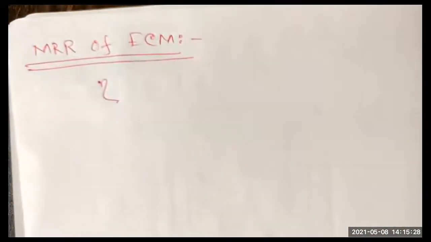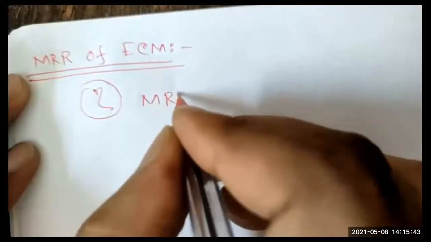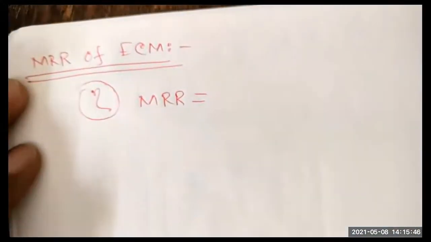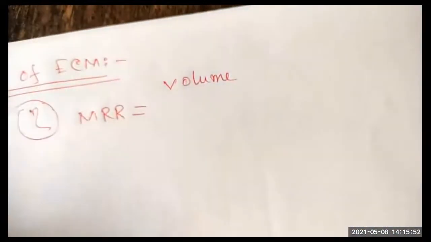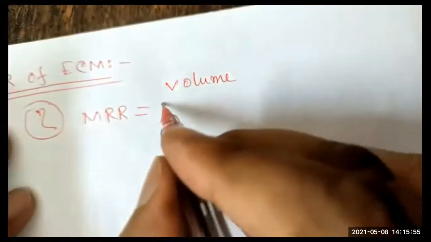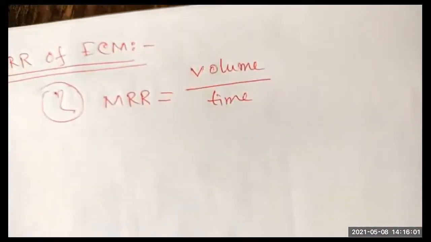Now, as I said, why are we going to find out MRR? In order to find out efficiency. Okay. Now, what is the formula of MRR in general? Or what do you know about material removal rate? Material removal rate, or MRR, is nothing but the volume of material removed divided by the time which is taken in order to remove that volume of material.